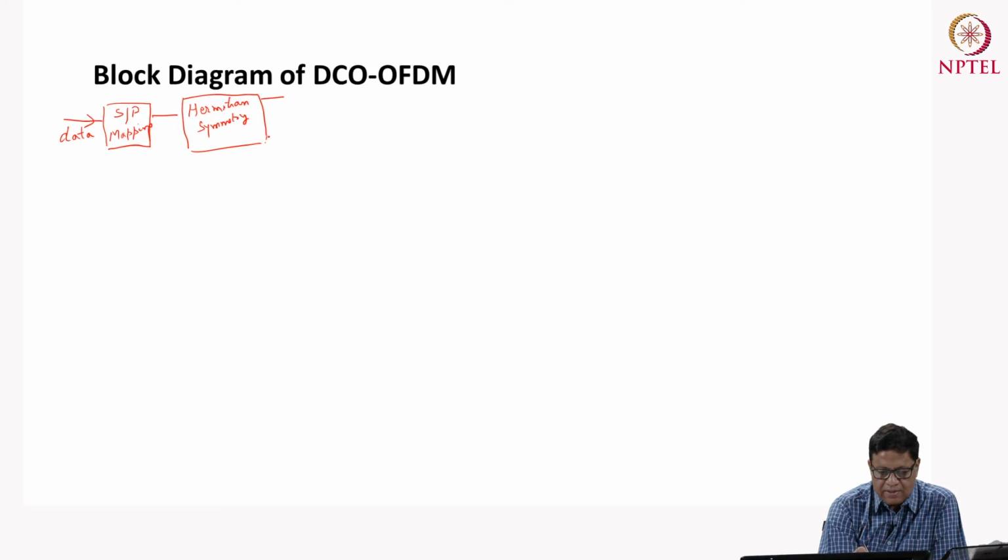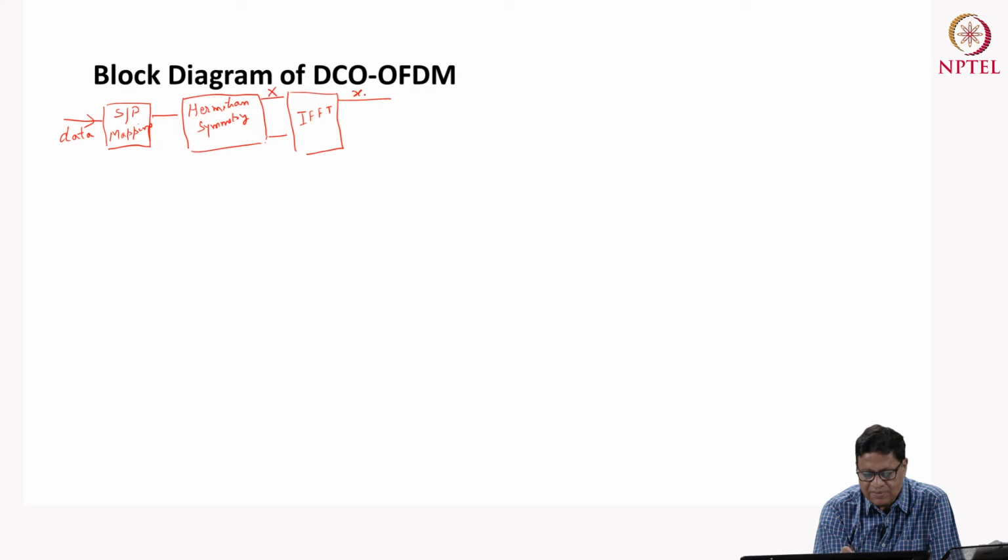And then what we get is data X, which goes from 1 to N, and this is given to the IFFT block, which will convert it into a time domain signal, that is samples, denoted by x from our earlier discussion on OFDM.